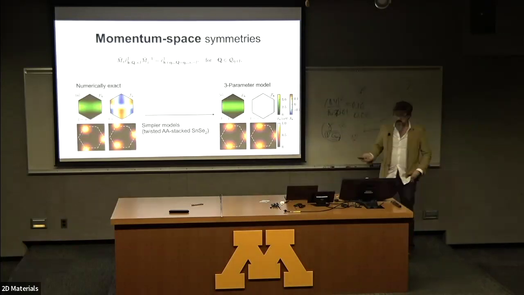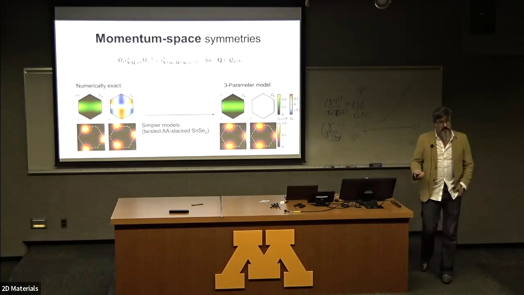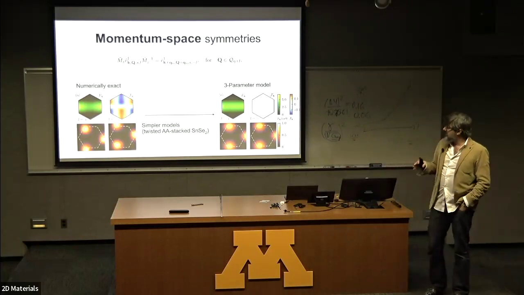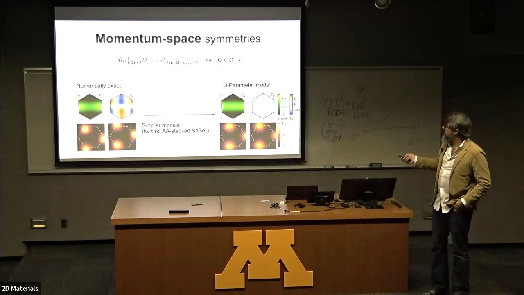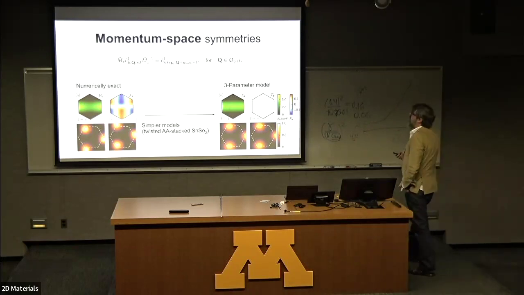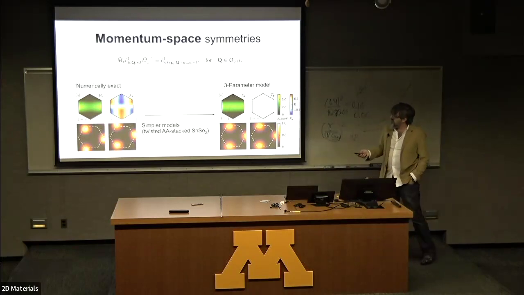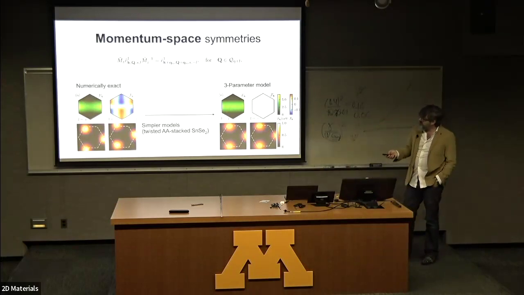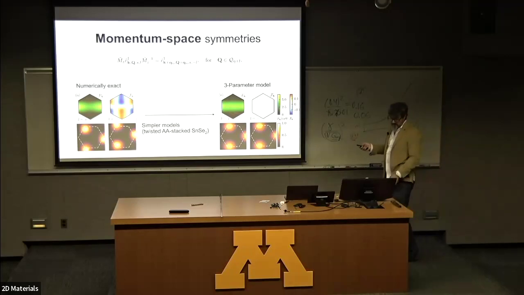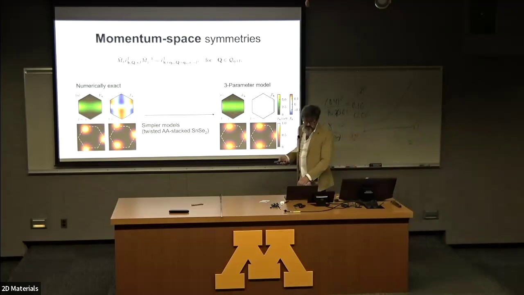This mirror symmetry, which is not crystallographic, is actually there in the rigid twisting approximation, and is clearly seen in ab initio. For example, you can see that the Fermi surface in this band has a one-dimensional structure, and in a simplified model, it's really actually one-dimensional.